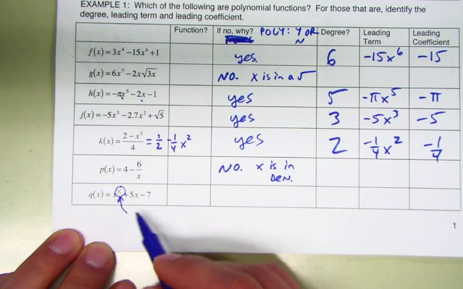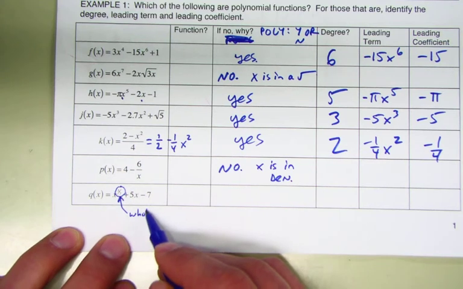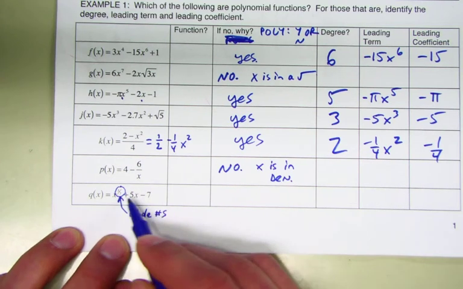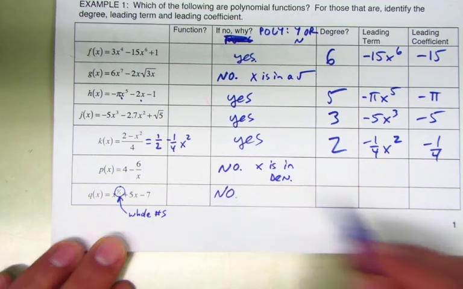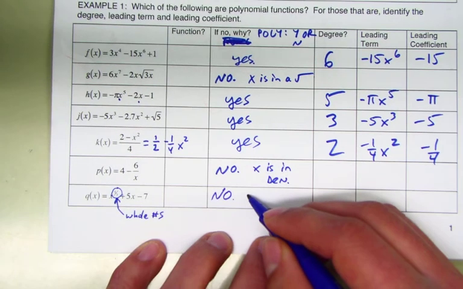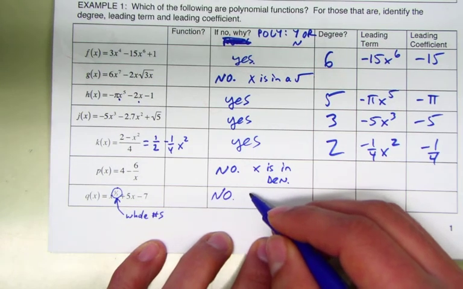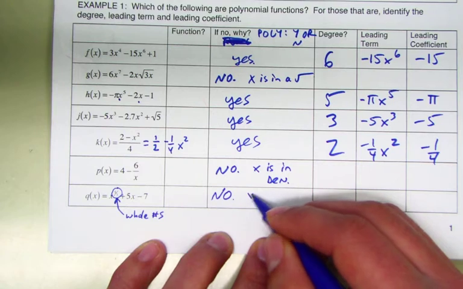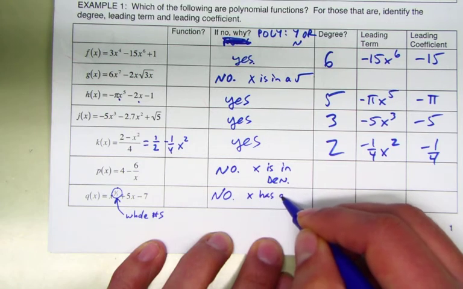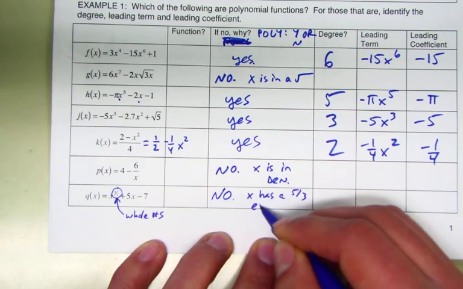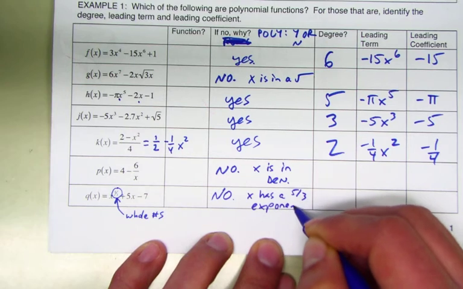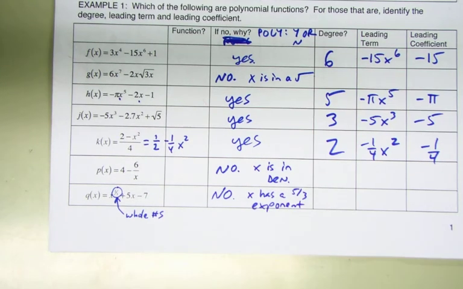These exponents have to be whole numbers. So this is not going to be a polynomial. How can we say that? X has a 5/3 exponent, which is not a whole number.